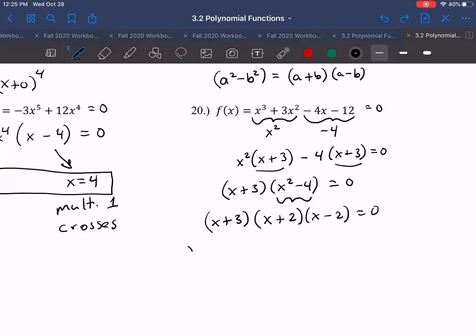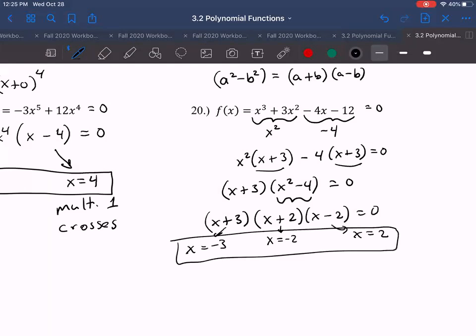And so we get x equals -3 as a 0, x equals -2 as a 0, and x equals 2. That's where they came from. These are our zeros, and it's just a matter of looking.